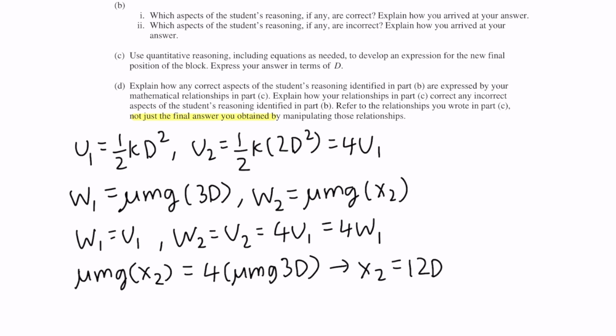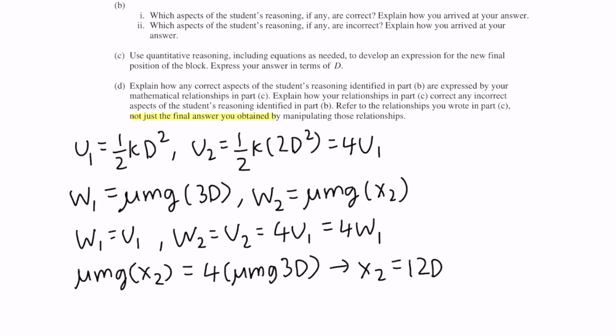So we know that the student was correct when they said that the block has more energy in the second case, expressed by the calculations here that compare the initial energy in the spring. In this case, we had 4 times as much energy as we did in the first case.